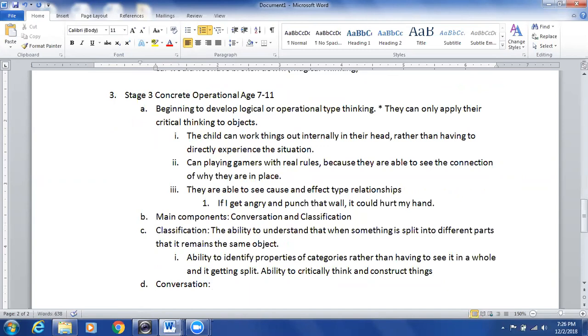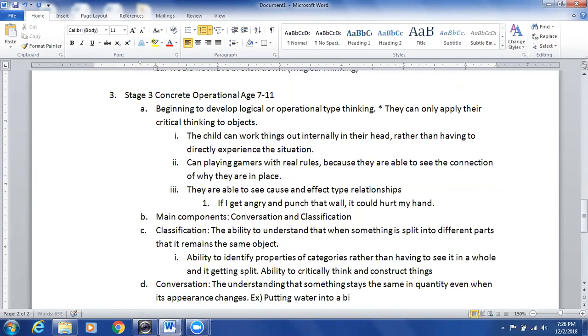Conservation is the understanding that something stays the same in quantity even when its appearance changes. An example of this is putting water into a bigger bottle and it appearing less.